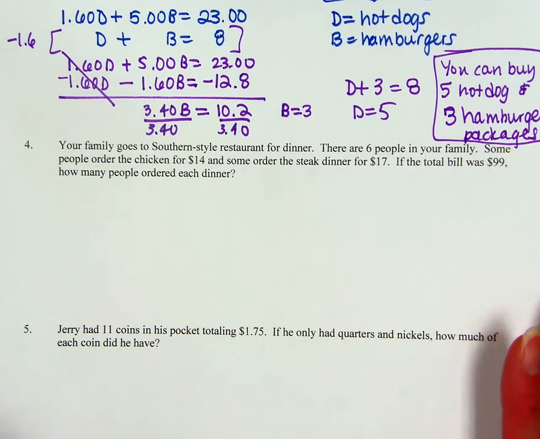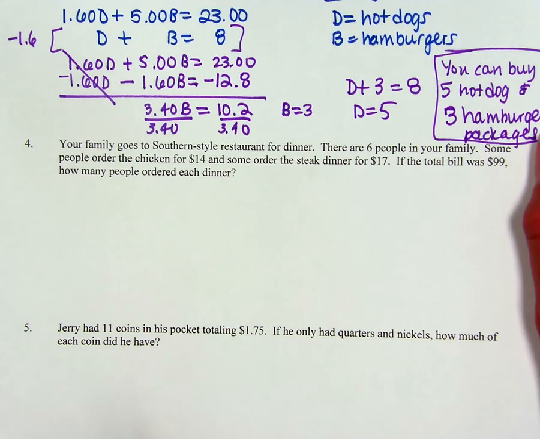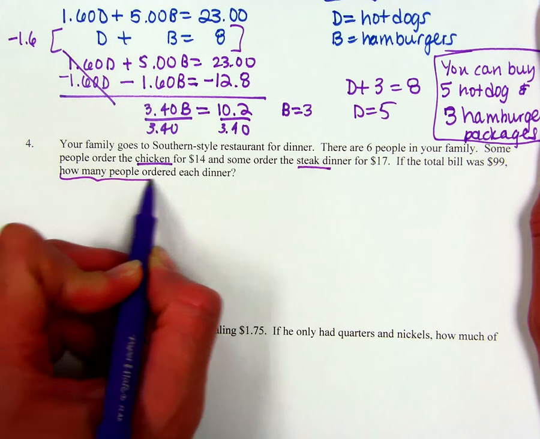All right, number 4. Your family goes to a southern-style restaurant for dinner. There are 6 people in your family. Some people order the chicken for $14, and some others order the steak dinner for $17. If the total bill is $99, how many people ordered each dinner? All right, so we've got chicken and steak. That'll answer the question, how many people ordered each dinner?